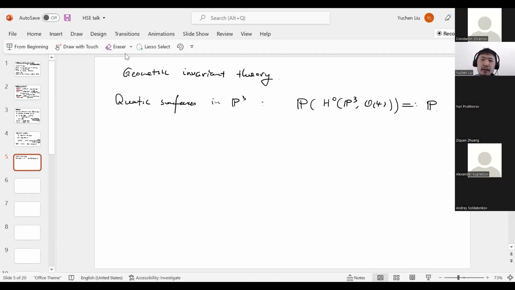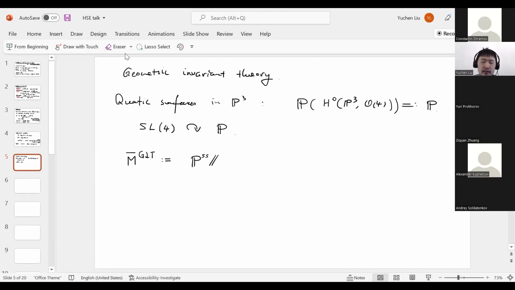And then you have the SL4, which is almost the automorphism of P3, acting on this projective space. And then this is a classical GIT setup. So therefore, you have the GIT quotient, which I denote by M bar GIT.